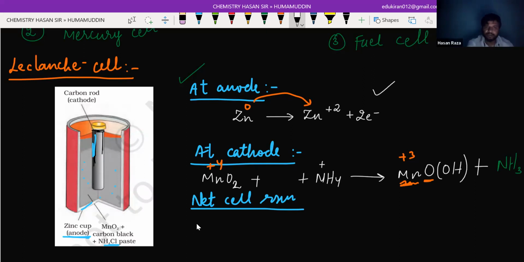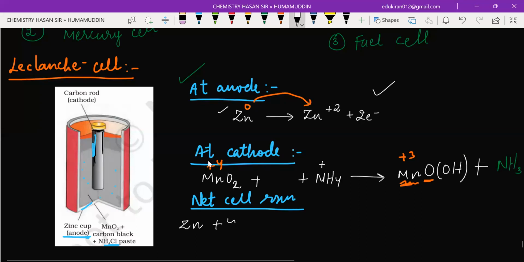That means on the left hand side you can see zinc is there, and on the left hand side at cathode, MnO2 is there, plus NH4 positive. You need to add them on the right hand side.